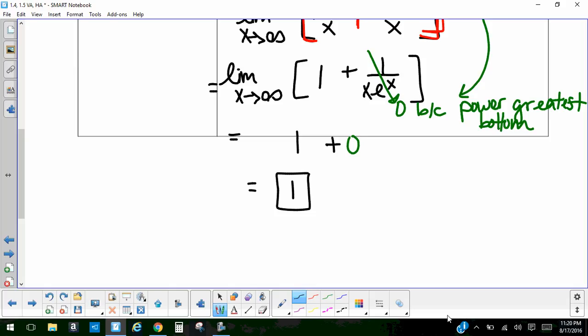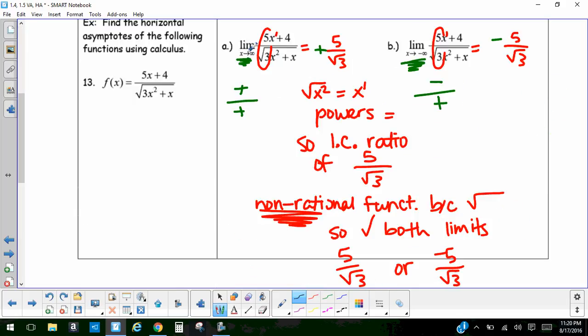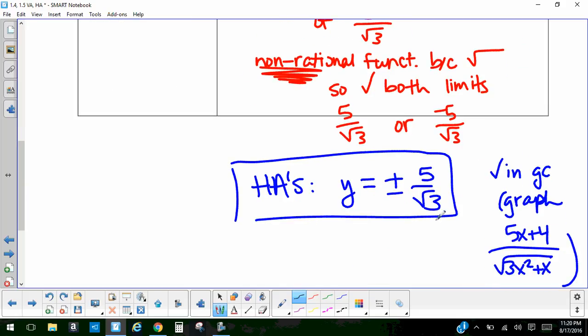You're going to have to remember that they're going to give you some tricky ones, and if you don't think through to find both the positive x going to infinity limit and x going to negative infinity limit, then sometimes you're going to miss answers. Sometimes you're only going to give them one horizontal asymptote, but there were really two. And that's a really common student error come multiple choice time.